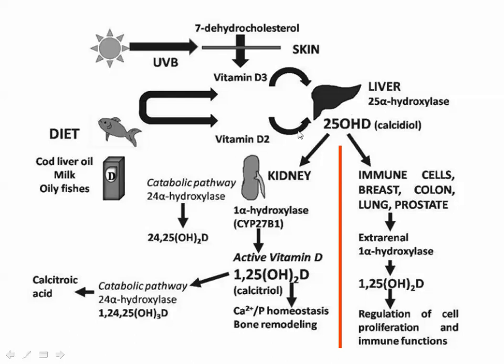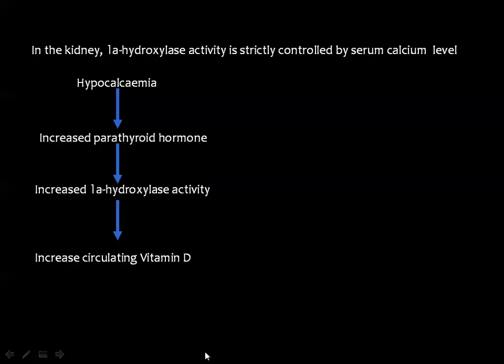Both are activated in the liver, then in the kidney, until finally you have the active form, which is involved in the bone remodeling mechanism, and the excess is catabolized. Then in the kidney, this enzyme activity is strictly controlled by the serum calcium.